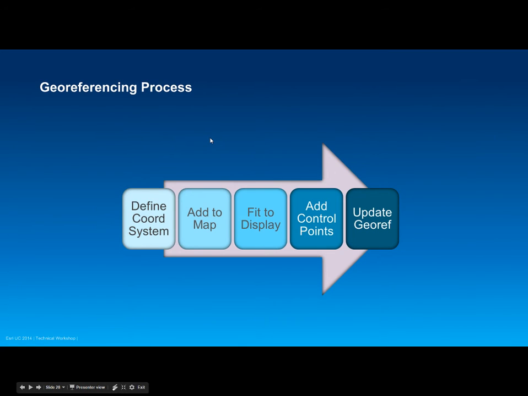So the georeferencing process is to define a coordinate system, add to the map, fit to display, add some control points, and then update the georeferencing, which builds the world file. Again, remember, we're not actually modifying the native underlying CAD data. The world file is used to simply display it in a different location.